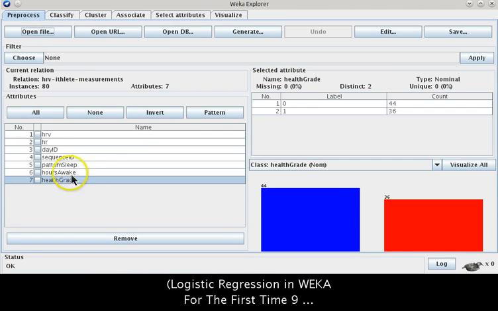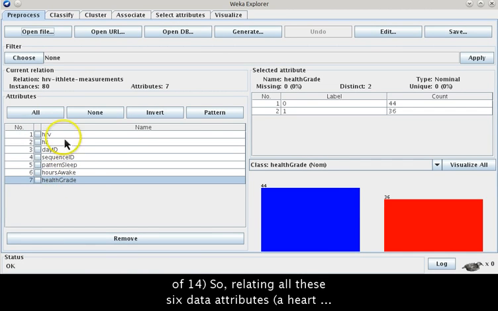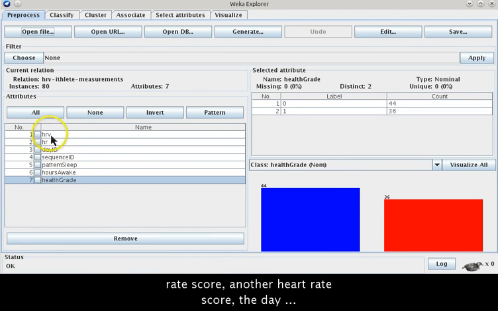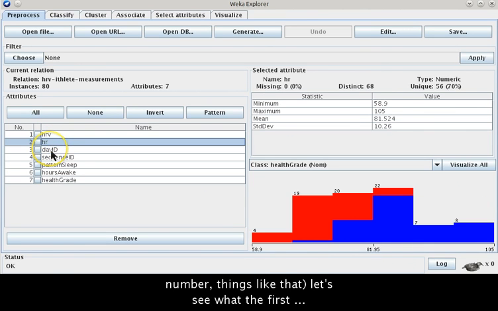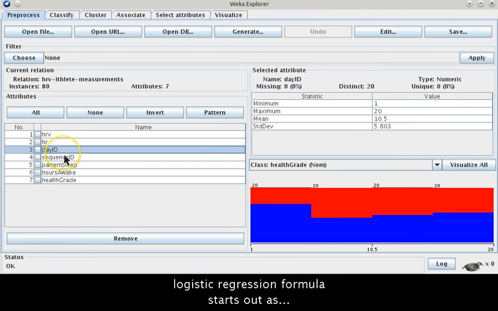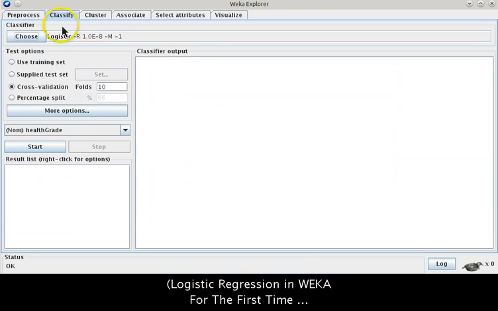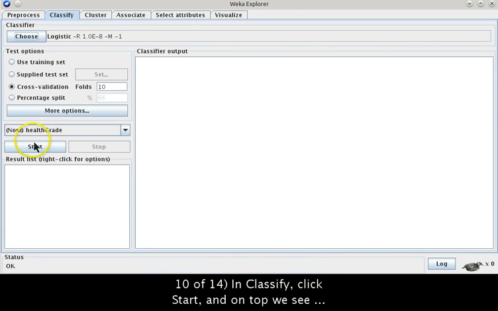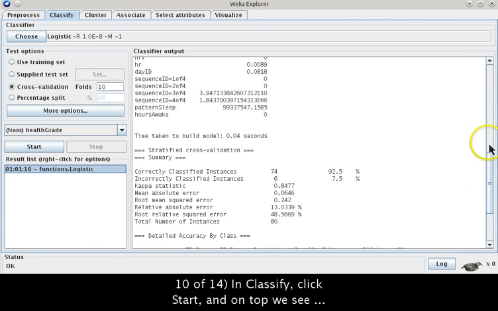So relating all these 6 data attributes, a heart rate score, another heart rate score, the day number, things like that. Let's see what the first logistic regression formula starts out as. To run logistic regression, go to classify, start, and on top we see the formula.